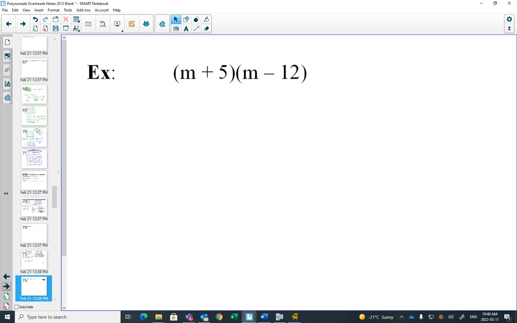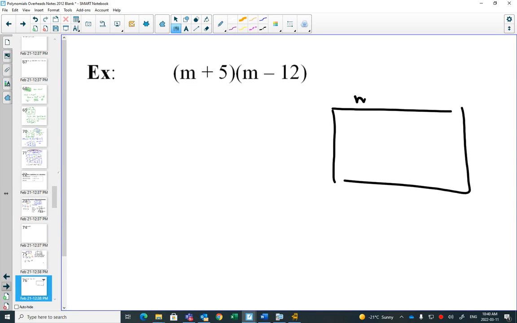Second one. Got your chart. You can do m and 5, m and minus 12.